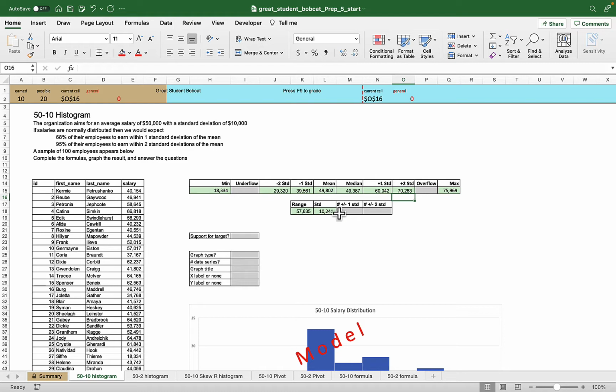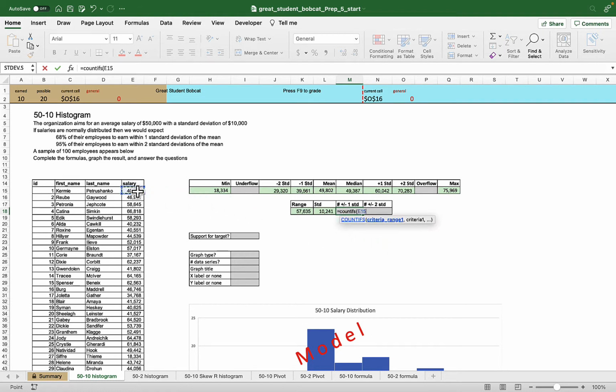Well, let's keep going. So now we're after how many of these salaries really did fall in the plus or minus 1 standard deviation, in other words, from 39,000 to 60,000. So we can actually count that using the count function. So we say equals COUNTIFS.